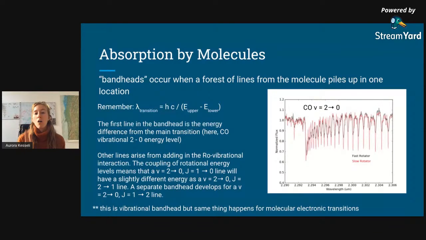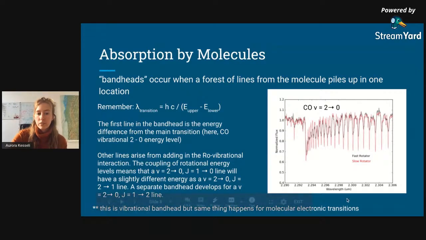But you get all of these other lines because of the rovibrational interaction. So not only do you get a 2 to 0 change in the vibrational energy level, but you can also get lots of different changes between the rotational energy levels.